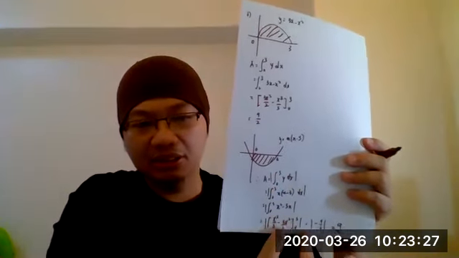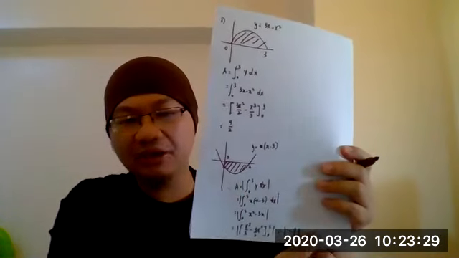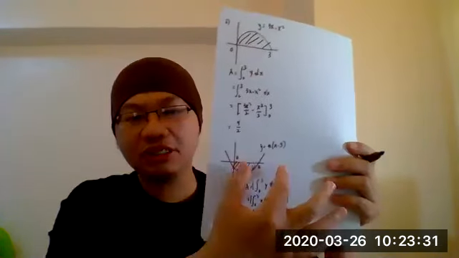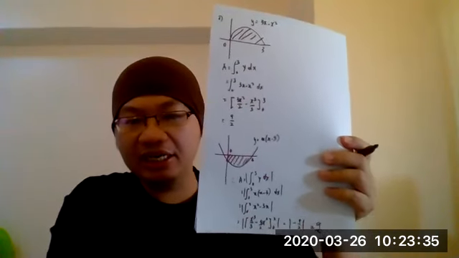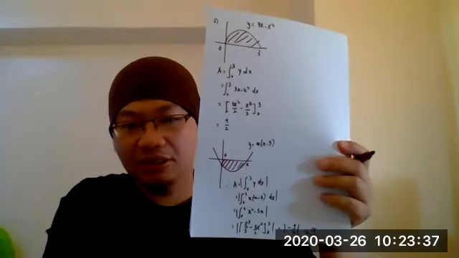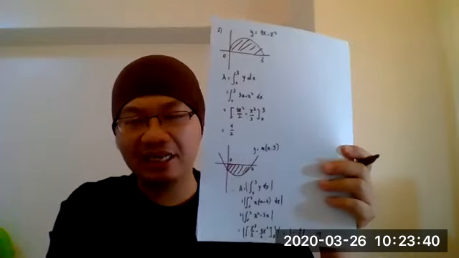When it is needed, when your answer is negative, put the modulus from the first step until the end of the steps. Okay, that's how we solve the problem. The answer cannot be negative for area and volume. Alright. So that is number 4.